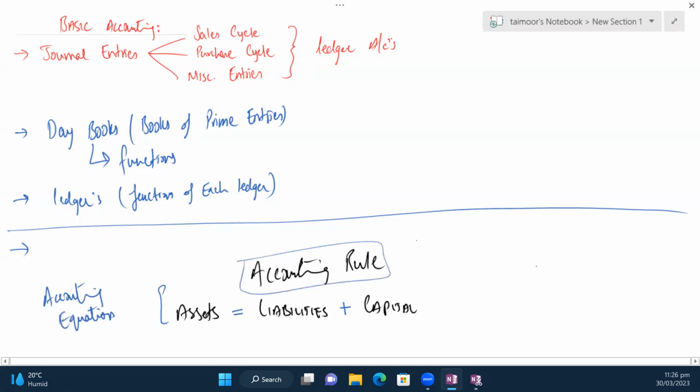Apart from this, you have two more accounting heads, which is income and expenses. Income minus expenses is either your profit or loss.